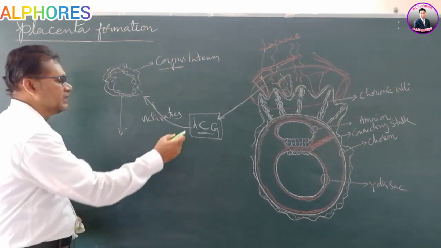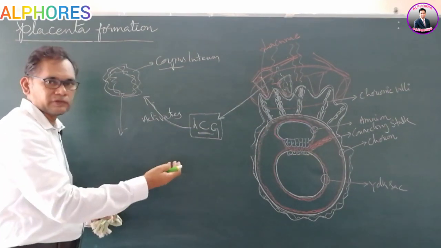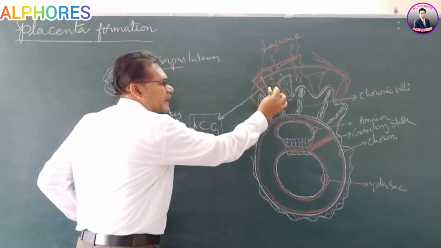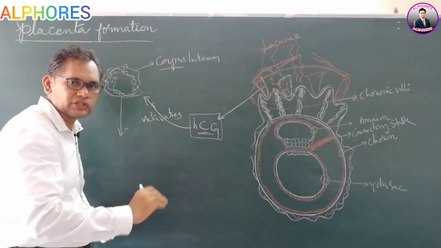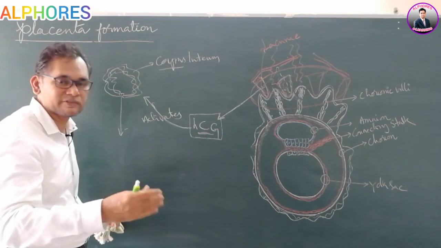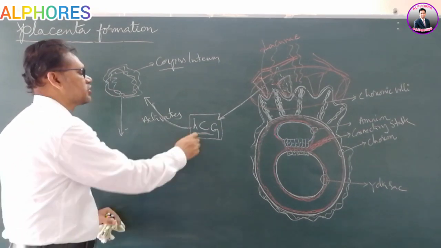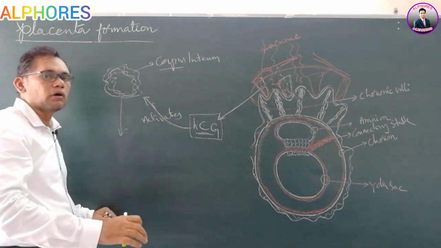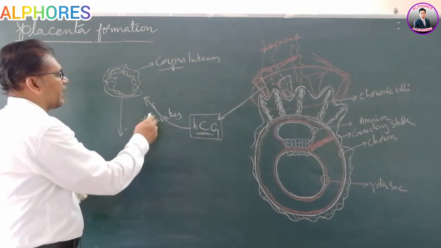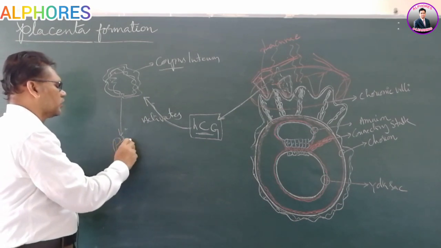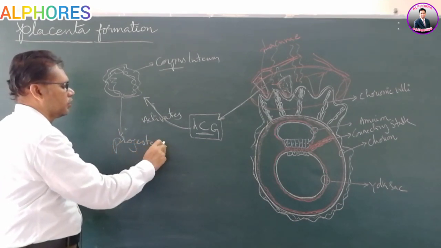Now, the human chorionic gonadotropin is released by the placenta when it gets attached, it means implantation. Soon after implantation, it releases human chorionic gonadotropin, which activates the corpus luteum to produce progesterone.